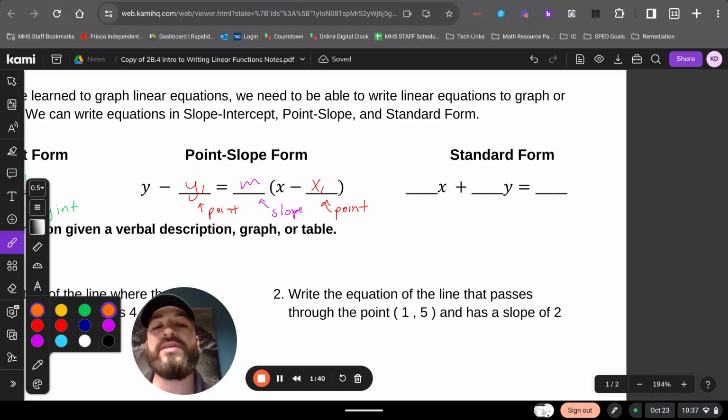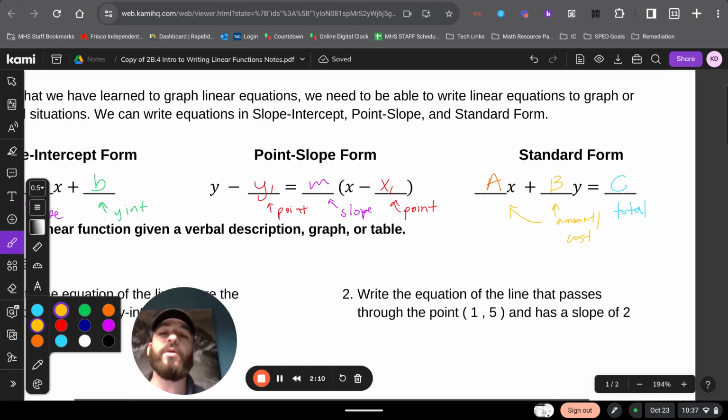And of course, our standard form equation is ax plus by equals c, with that c representing some sort of total. And those A's and B's usually represent the amount or the cost of whatever variable is Y and whatever variable is X.